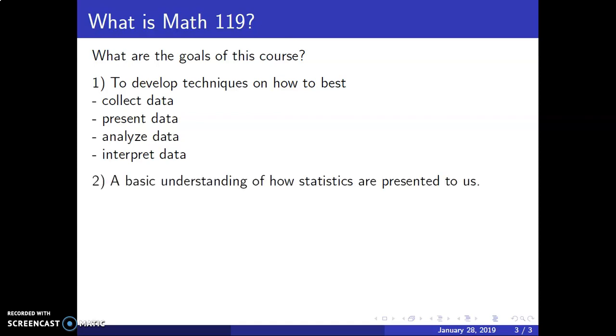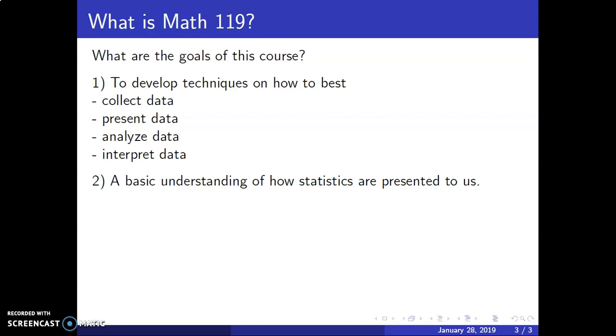Okay, and then I came up with another goal besides that. Number 1 really gets at what the course is, but I hope a big takeaway for you is number 2. We recognize that a lot of you, depending on your majors, might very well use statistics in your day-to-day experience in your career, let alone just in life. But some of you might very well not use statistics after this course. You need the course, but what actually happens in your job, you may or may not need it. We recognize that, but that said, you can still get a lot out of this because of number 2, right?